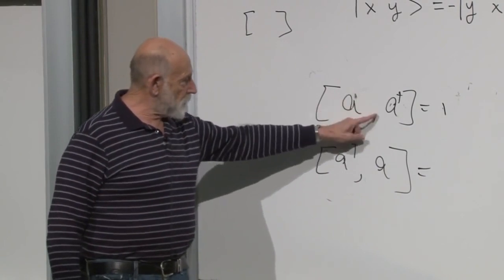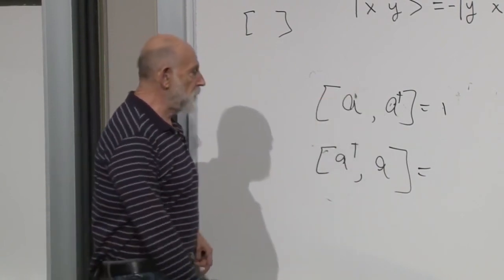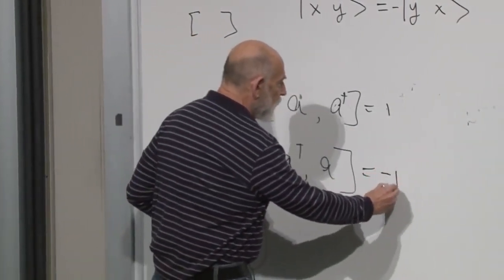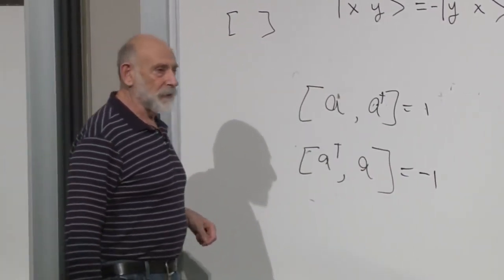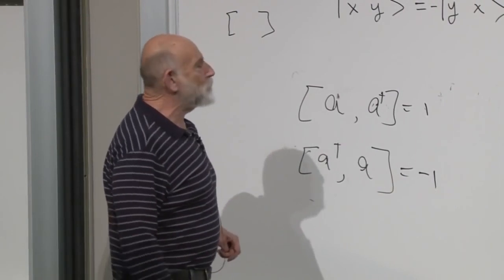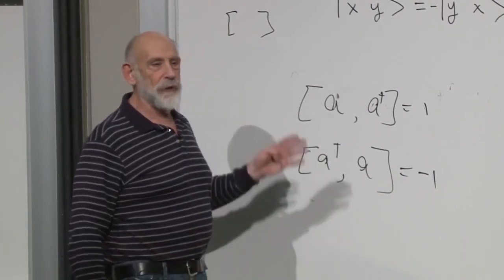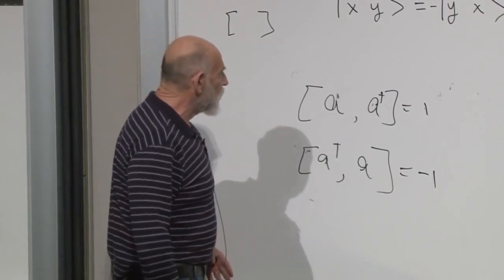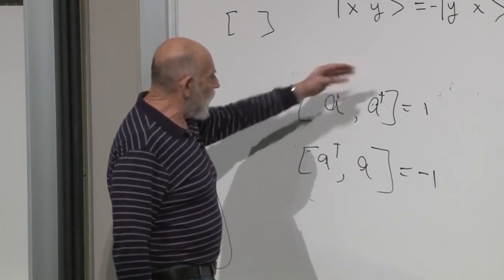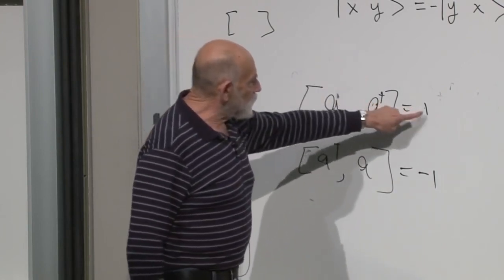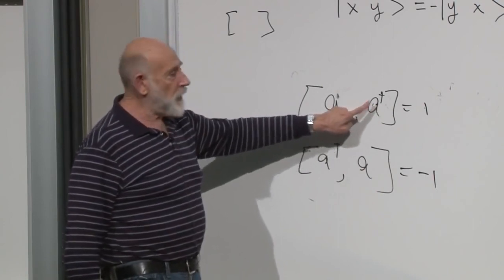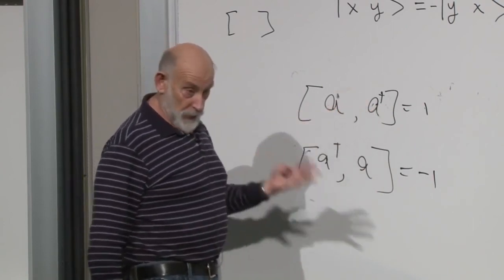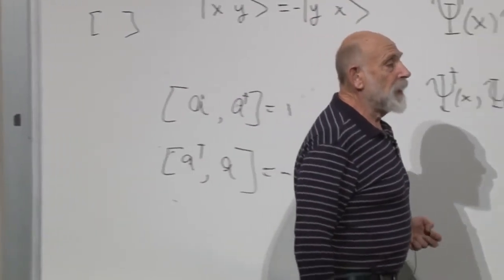If you switch the two things, the commutator changes. This is minus 1. And you could always tell, even if I didn't label these as A and A dagger, if I just labeled them as A and B and asked you which one is the creation operator and which is the annihilation operator, you look at the commutator, and if it is plus 1, then the first one is the creation operator and the second one is the annihilation operator. There's no way to make a mistake.